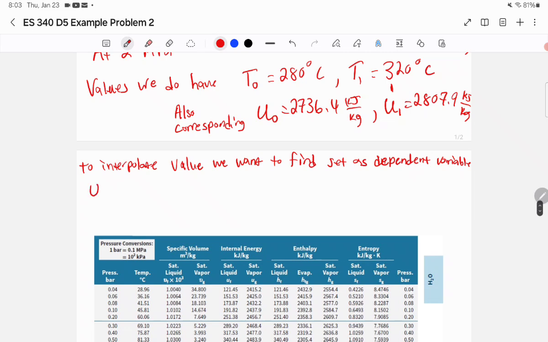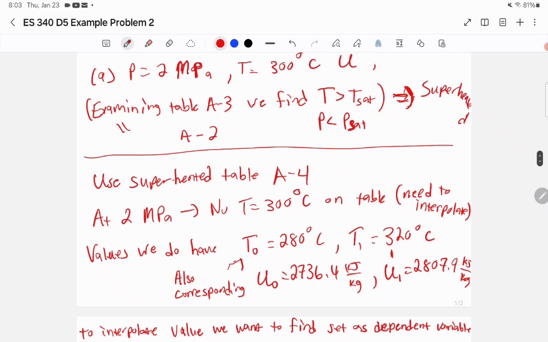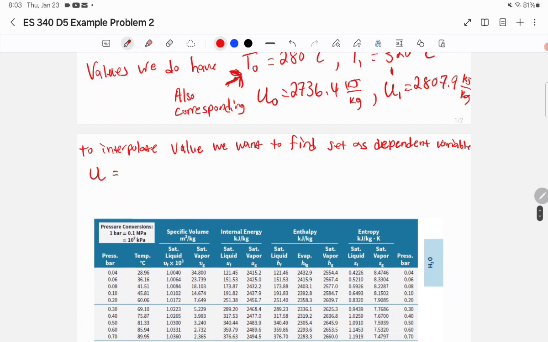We're going to say u, and that's going to be equal to, well, the independent variable is going to be the T. This is just the easiest way to do the interpolation. So u is going to be equal to m times T minus T naught, plus u naught.